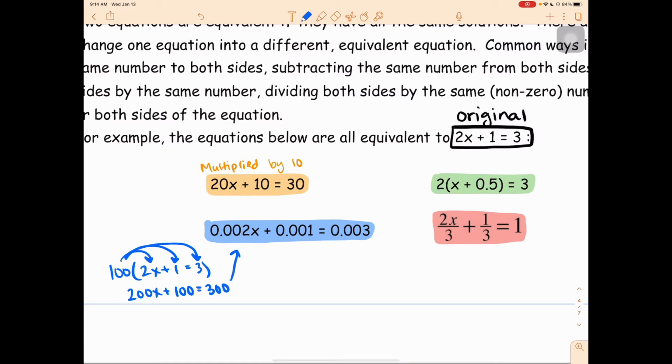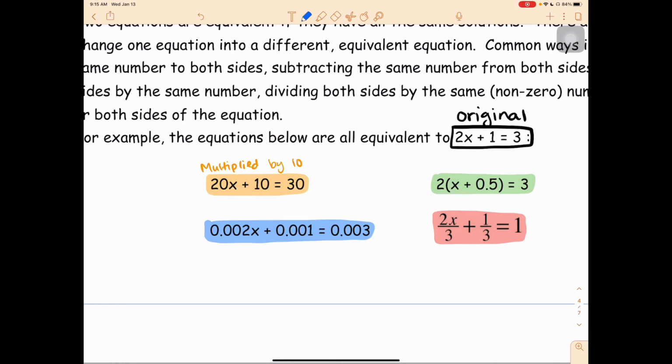That is not the same. So it looks like whenever we multiply by something like 100 or 10 or 1,000, the numbers get bigger. But in this case here, our numbers are smaller because they are decimals. So in order to go to a smaller number, we either need to multiply by a decimal or divide by a big number. So then I had some students say, oh, let's divide by 100.